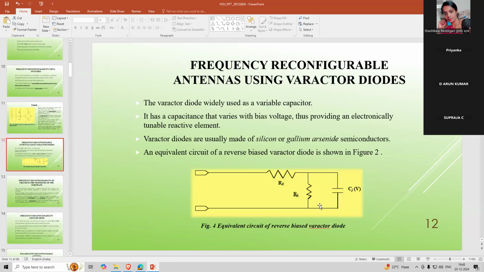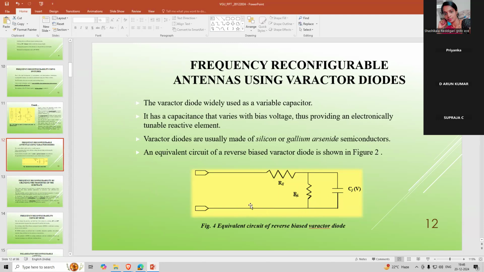When you go for simulation, different values will come, and you have to vary accordingly. That is a variable capacitor diode. Outside, it is not visible to the outside world.